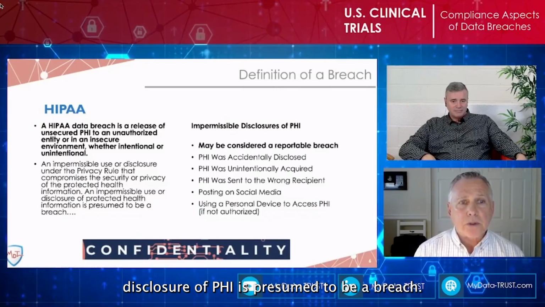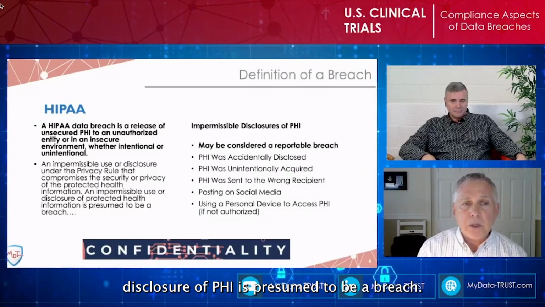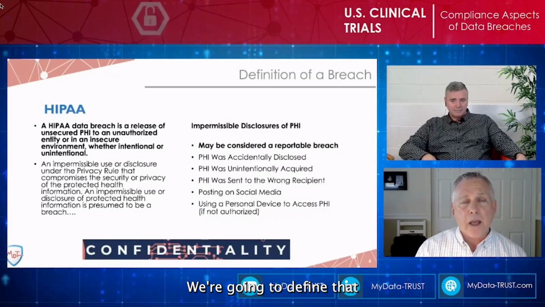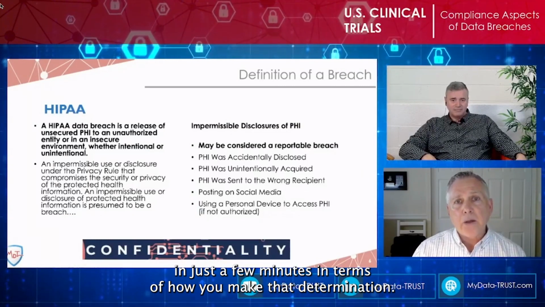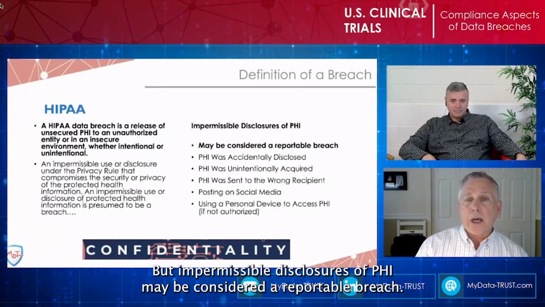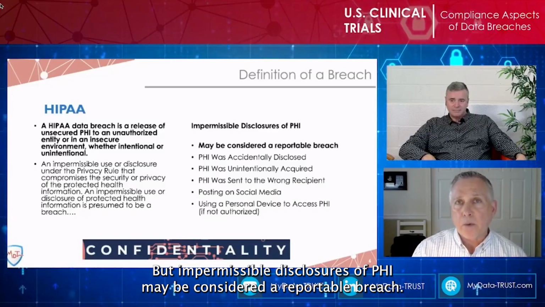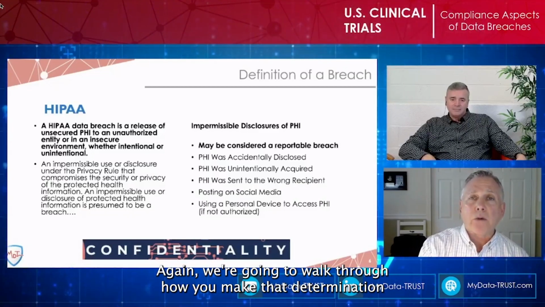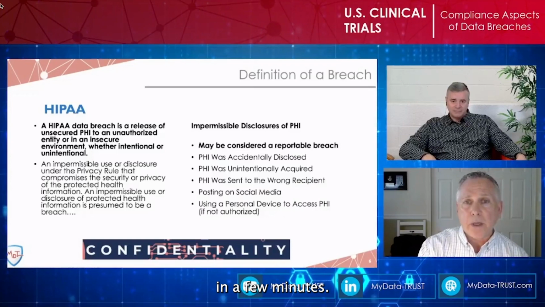An impermissible use or disclosure of PHI is presumed to be a breach. We're going to define that in just a few minutes in terms of how you make that determination. But impermissible disclosures of PHI may be considered a reportable breach.